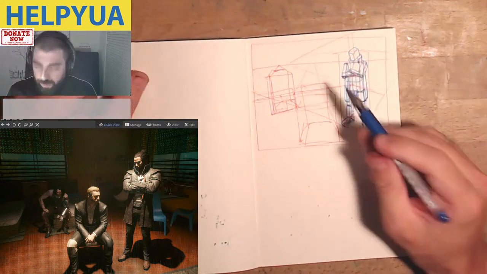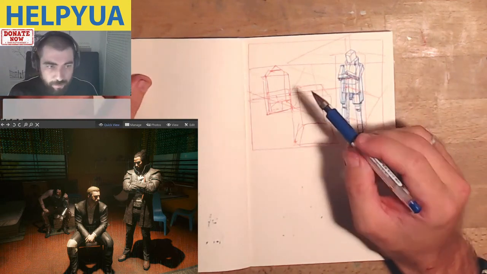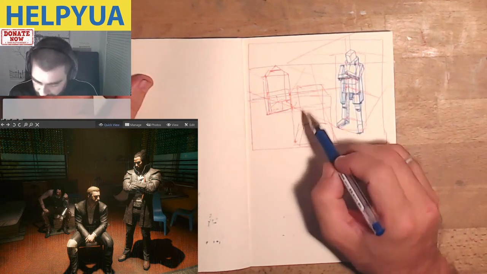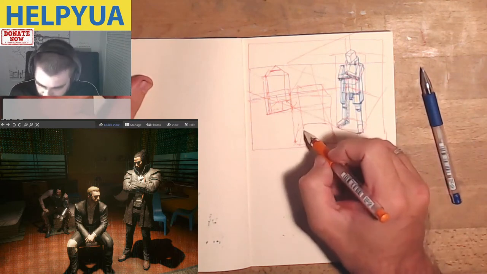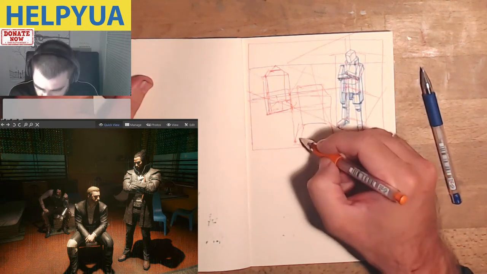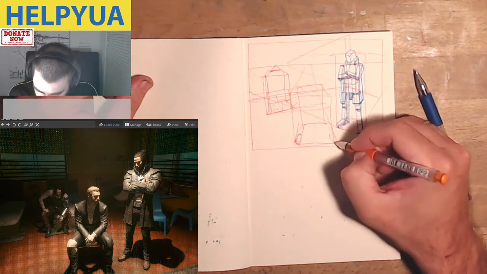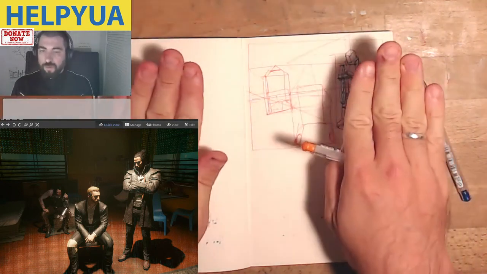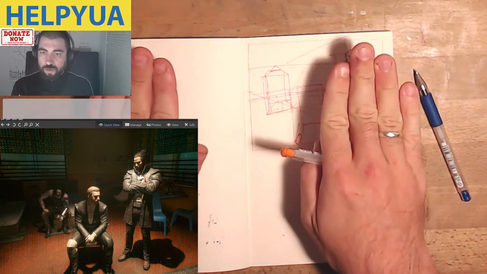Then this guy here. What we see again is his legs parallel.